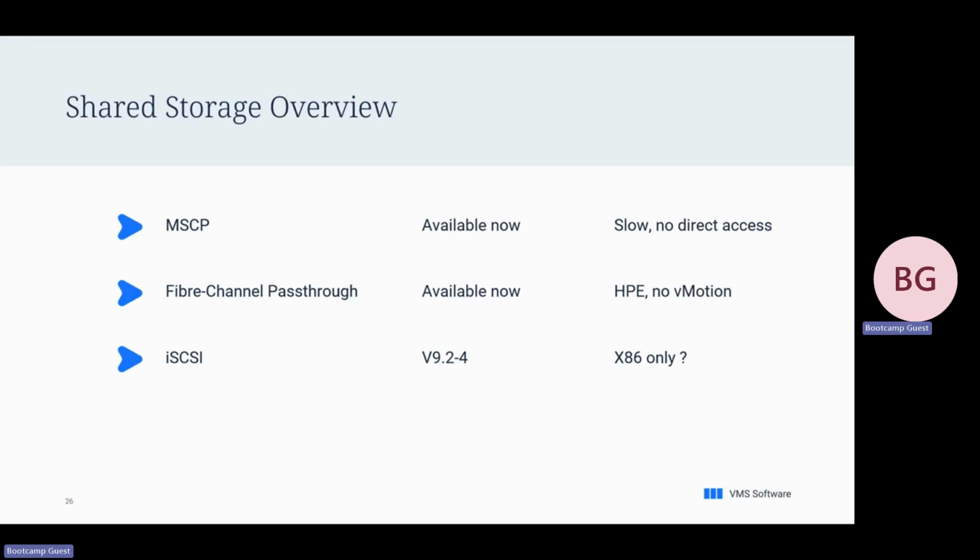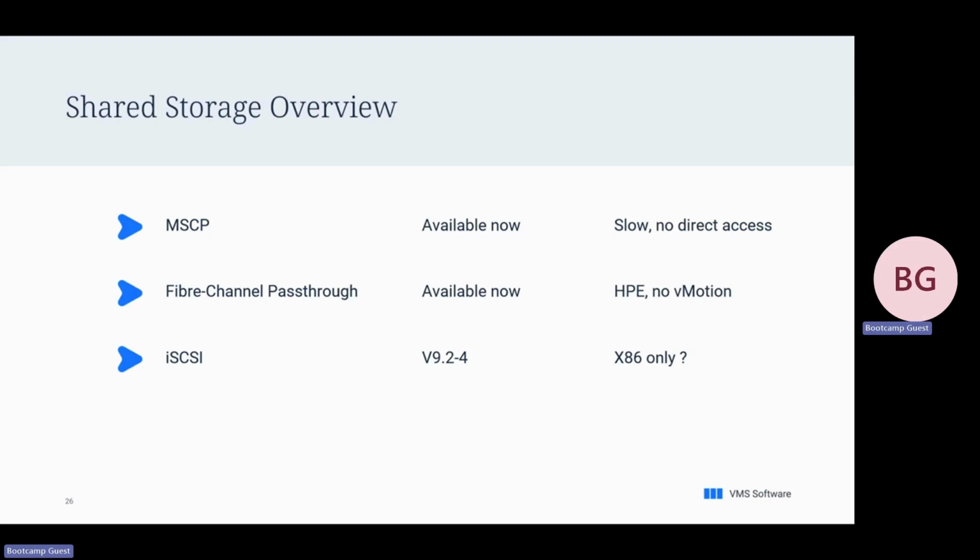There's MSCP, which is available now, but it's a little slow, and if the system that you go through to access your disk goes away, you no longer have access to the disk. If you use fiber channel pass-through, it's available now, but you have to be on HPE hardware, and vMotion is no longer possible.